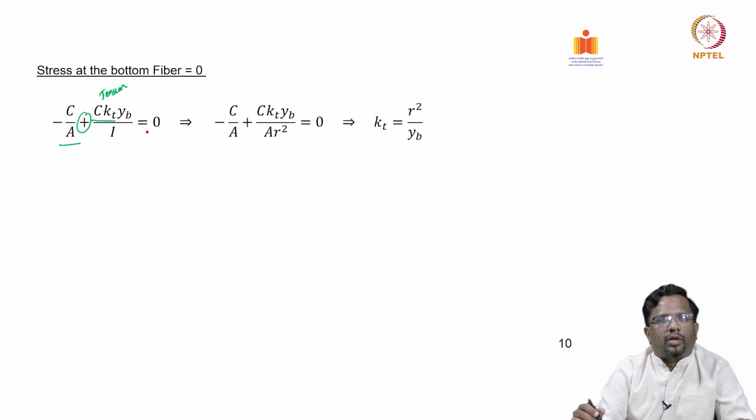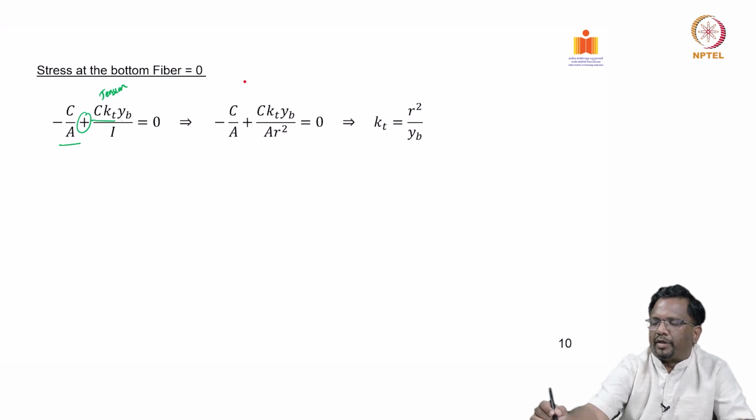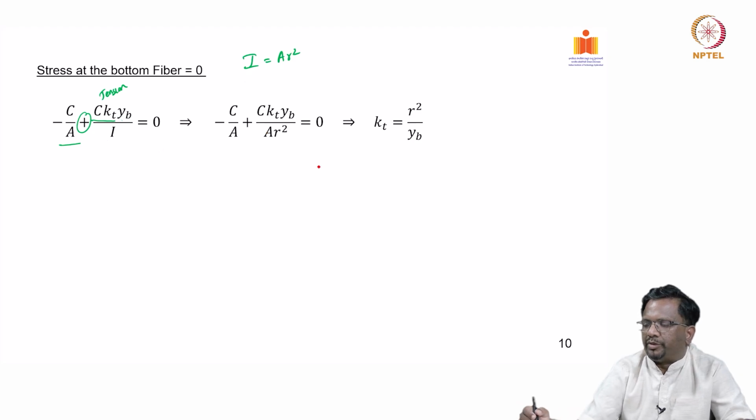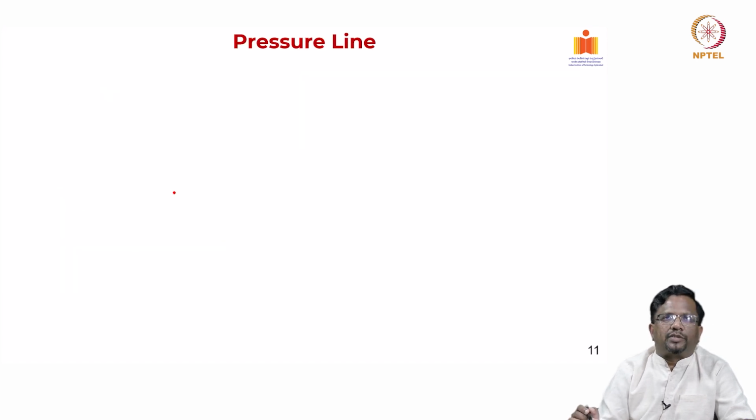So, moment by I times the distance of the fiber, Y, is 0. If you equate that, I can again be equated as A r square. Then if you substitute that, you will find that the upper Kern point will be r square by YB. Again, these are the nomenclature: KT is the top Kern point, YB is the bottommost fiber distance, and r is your radius of gyration.